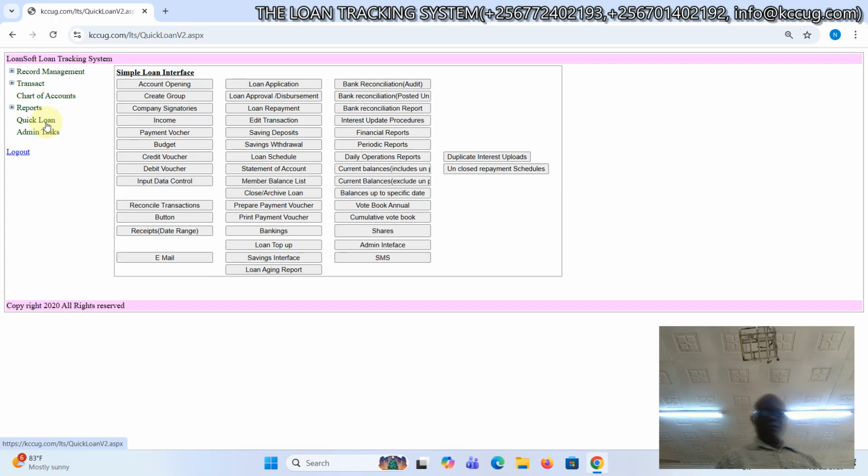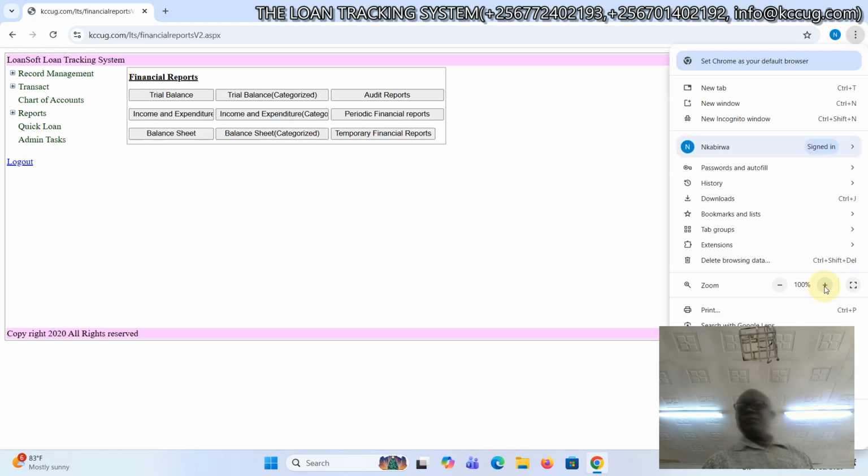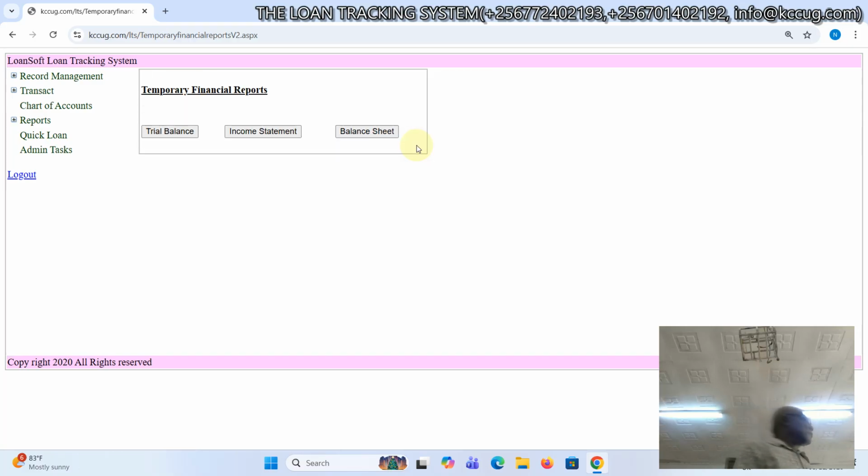How will it do that? It will do so via what we call financial reports. Click on financial reports. Expand it. Click on temporary financial reports. Click on income statement.